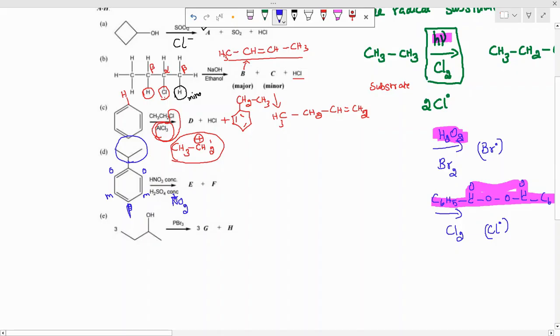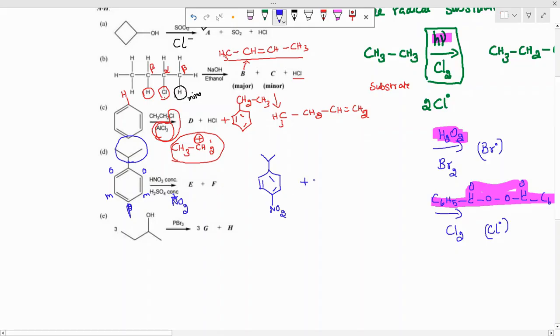This NO2 plus is the formed electrophile. So the substituent will allow the NO2 at ortho and para position only. So the para position hydrogen will be removed as H plus, and NO2 will be substituted here.